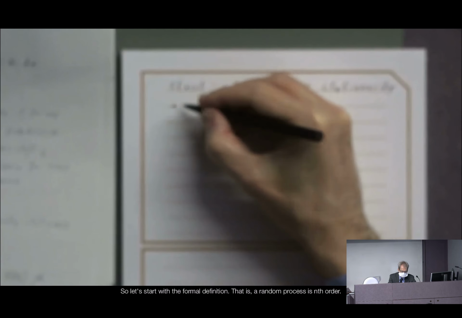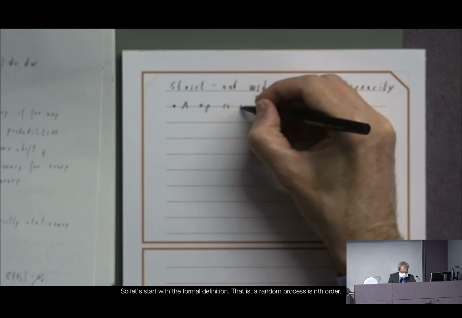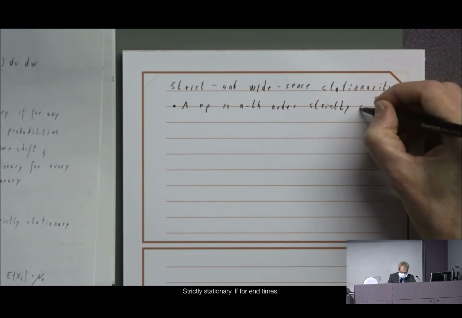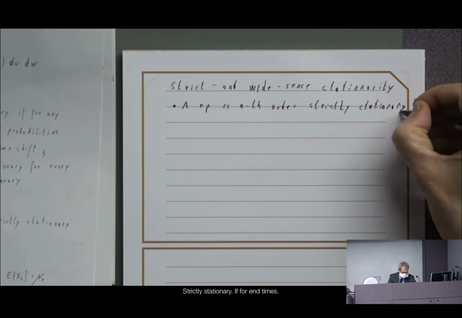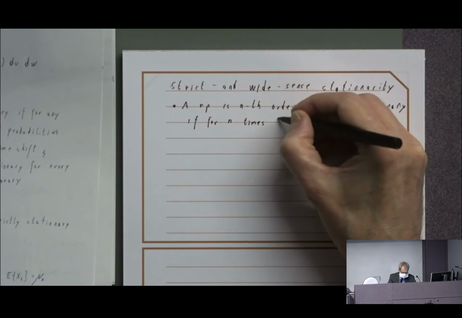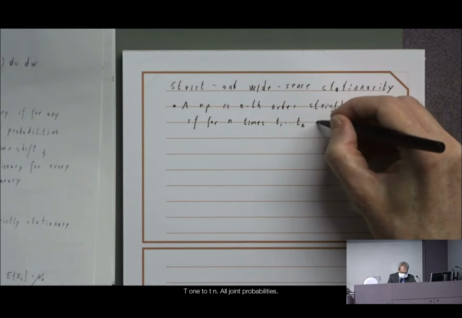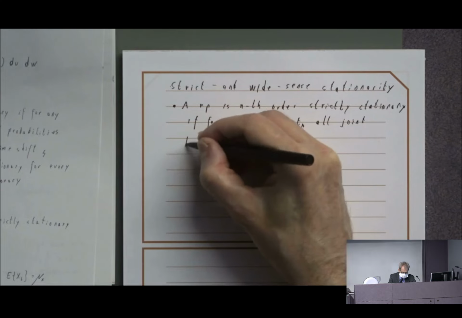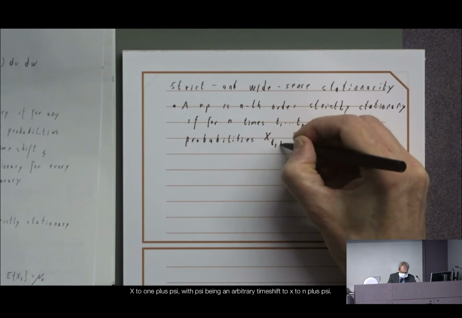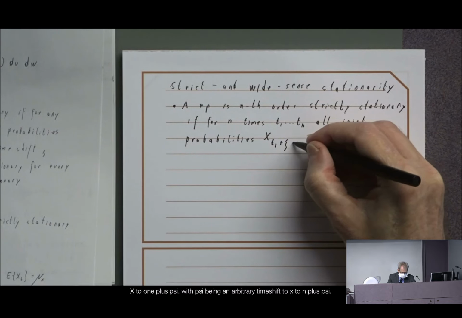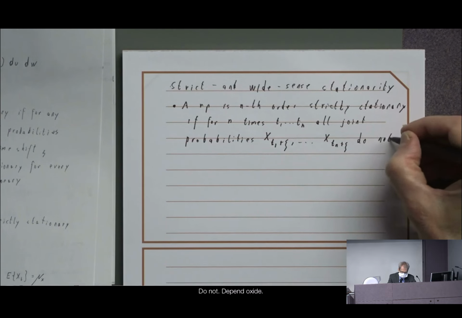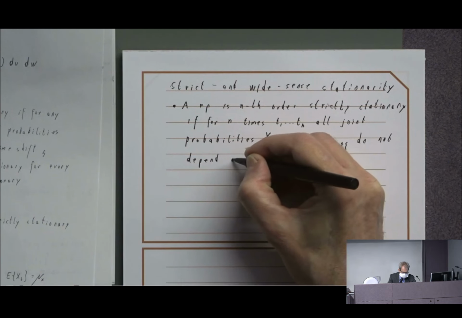So let's start out with the formal definition. A random process is nth order strictly stationary if for n times t1 to tn, all joint probabilities of x(t1 plus xi) to x(tn plus xi), with xi being an arbitrary time shift, do not depend on xi.